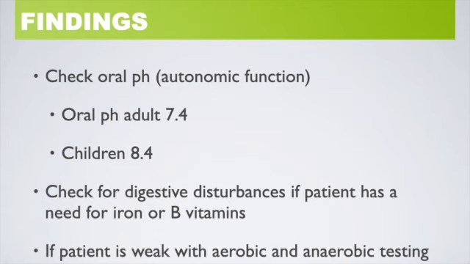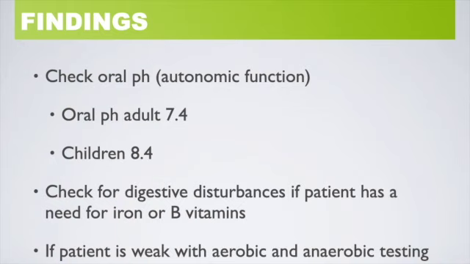So some other things to consider with aerobic and anaerobic findings. Oral pH can be an indication that people are aerobically deficient. If they're driving themselves into a sympathetic overdrive, like improperly training, their oral pH often will start to move towards an acidic range.